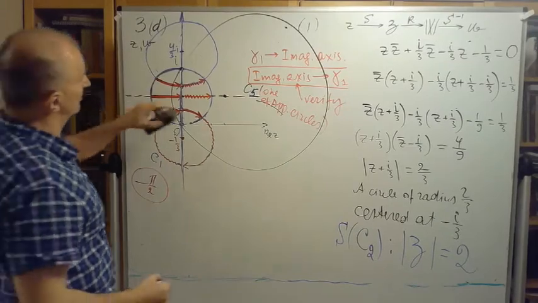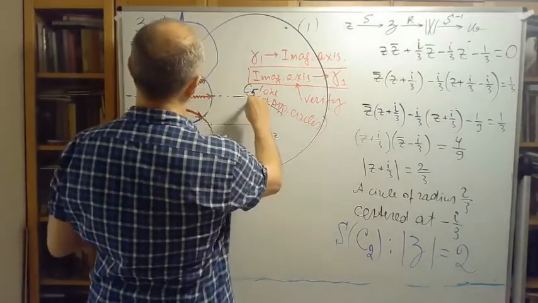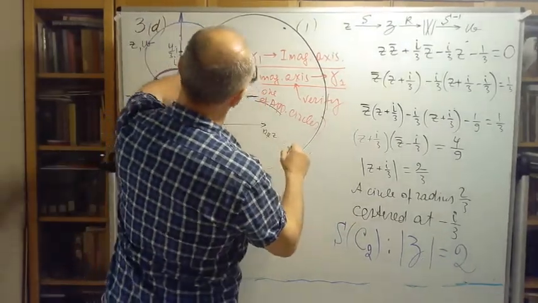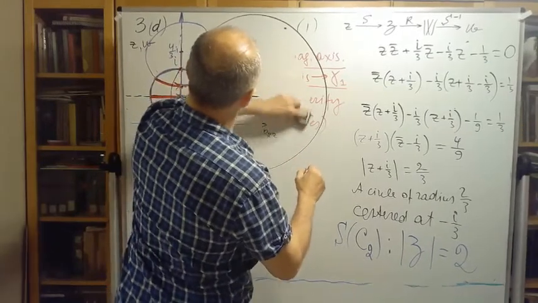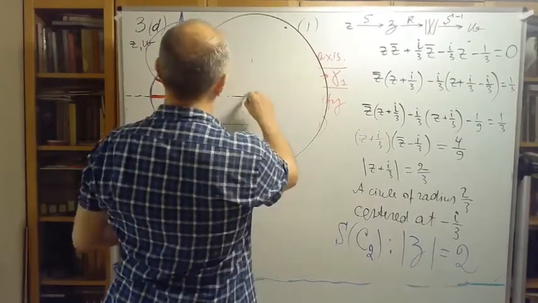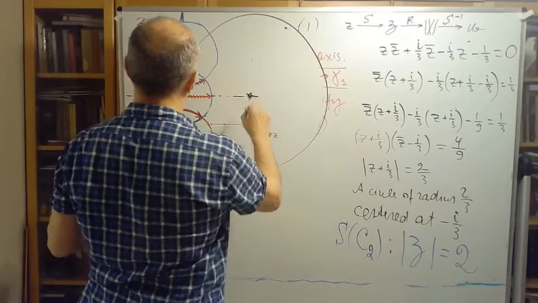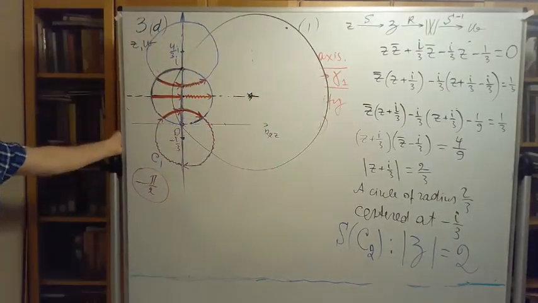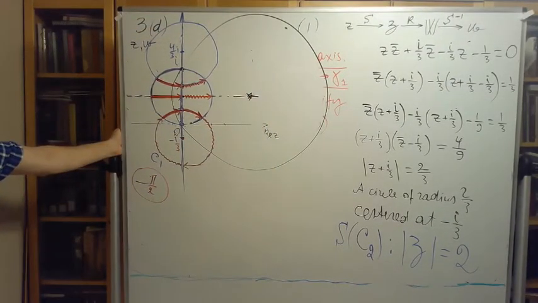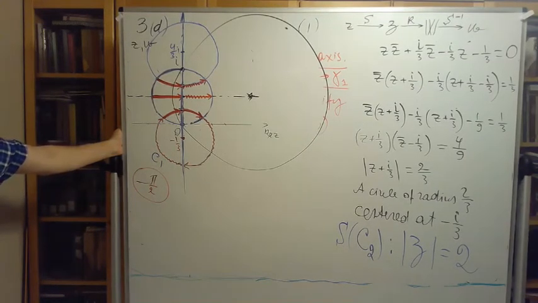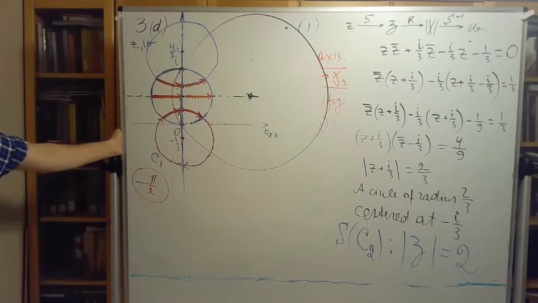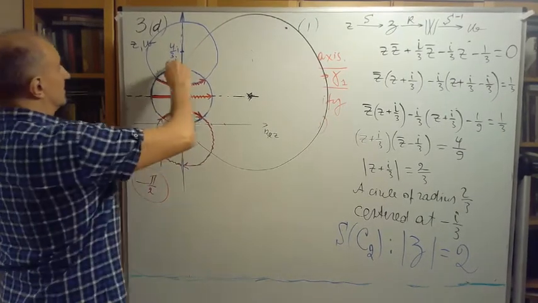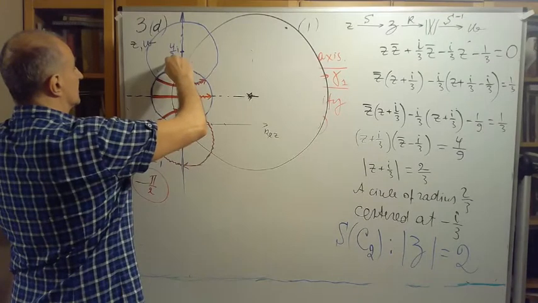It doesn't look like center is here, it looks like center is here. This will be our Steiner circle of the first kind, and then see how it moves around, and which circle will be its image. Suppose this will be the circle that is its image.